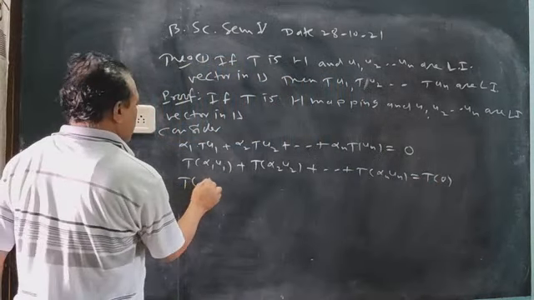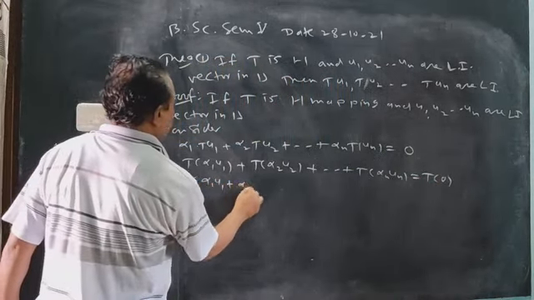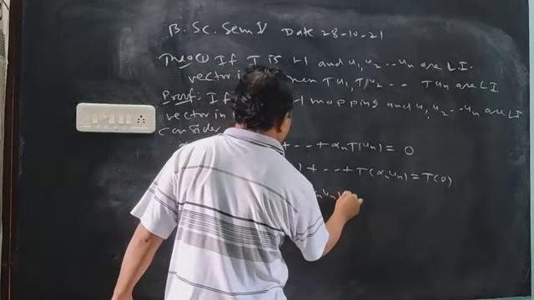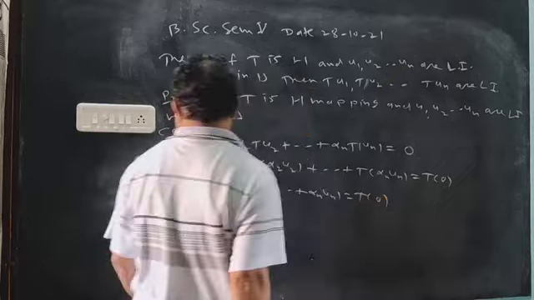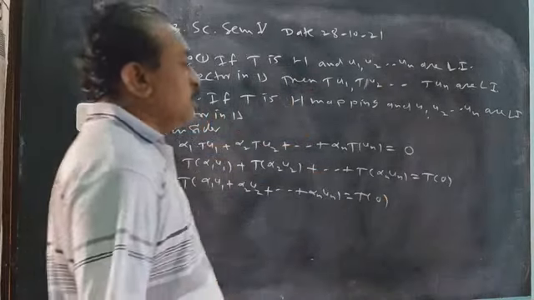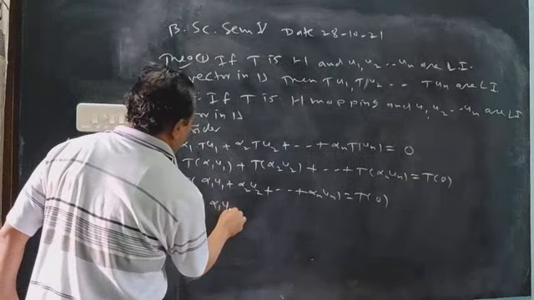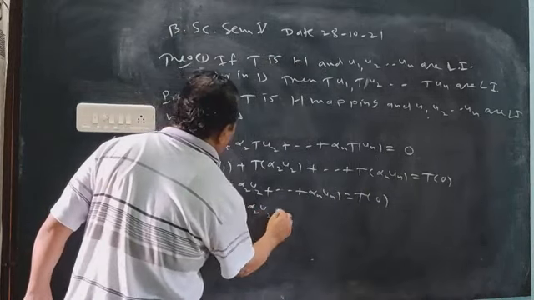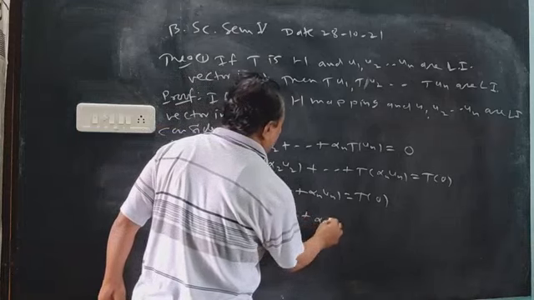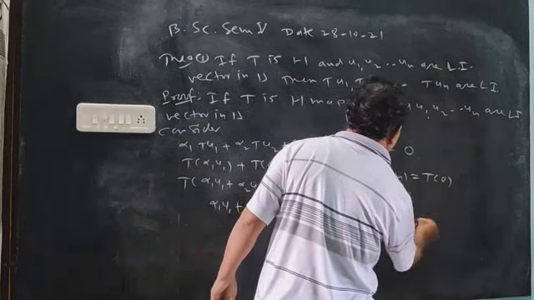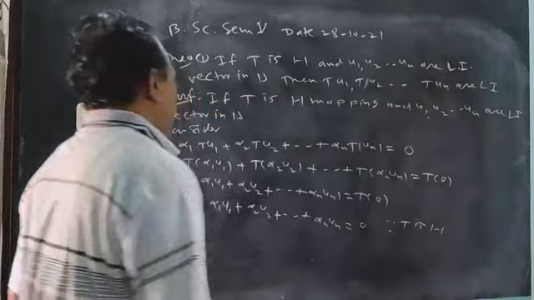Again T is linear, so T of this equals T of this, and T is 1-1. Therefore alpha 1 u1 plus alpha 2 u2 plus alpha n un will be 0. Reason: T is a 1-1 mapping.